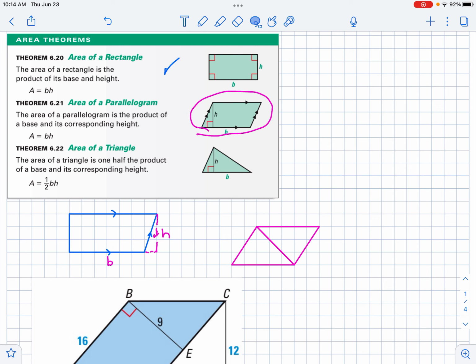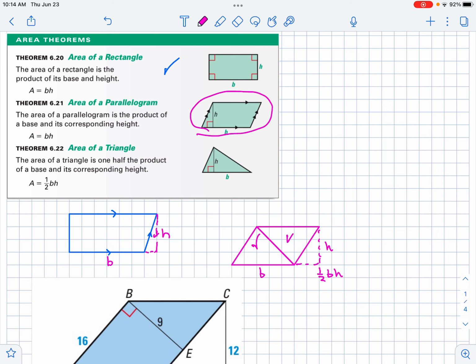This is like 2 triangles in there, right? I've got this triangle and this triangle. So if I get the area of this parallelogram, here's the base, and here's the height. Height is perpendicular. So base times height is the area of that whole parallelogram. And then if I take 1/2 base times height, that's how we get the area of a triangle.